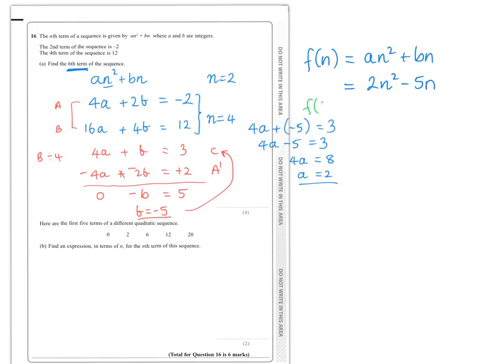So we're going to get 2 times, and be careful, it's 6 squared times by 2. And then we've got 5 times 6 here, which is going to be 72 minus 30, which is 42. So the sixth term is going to be 42.